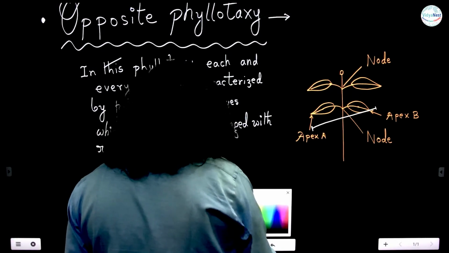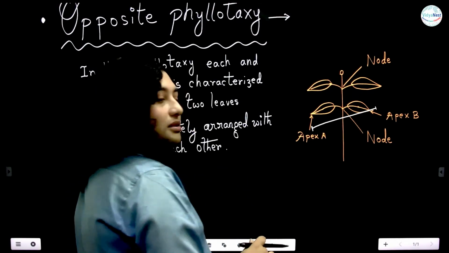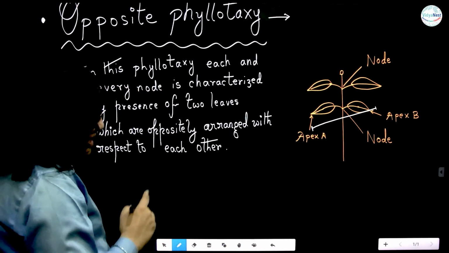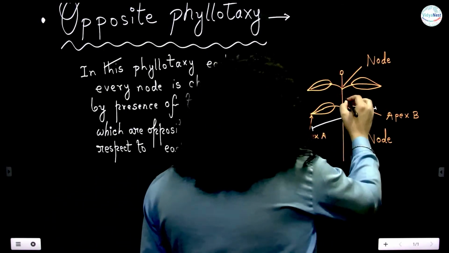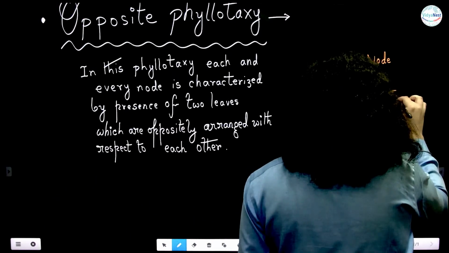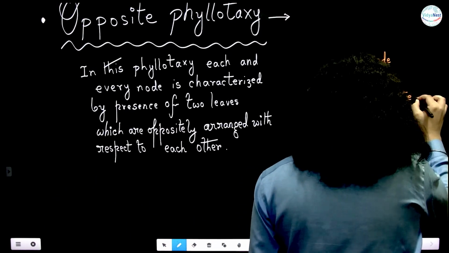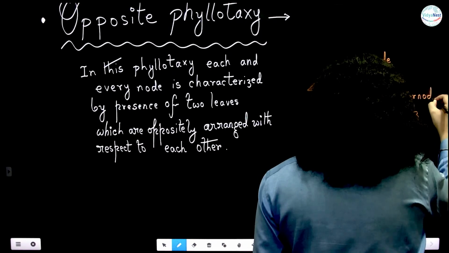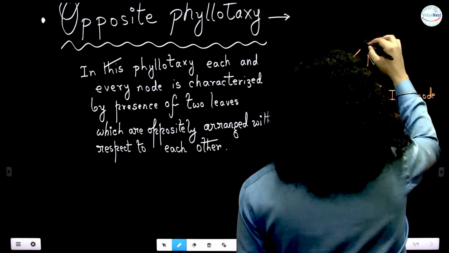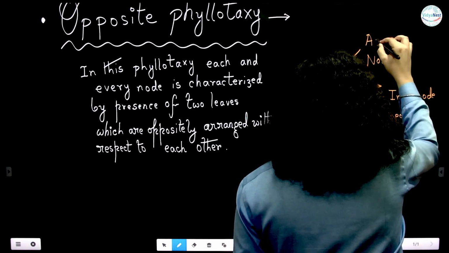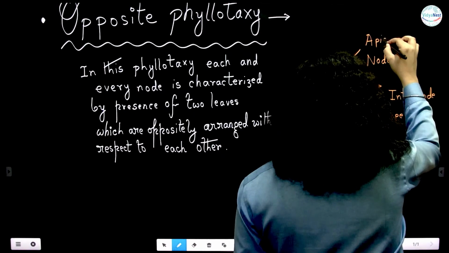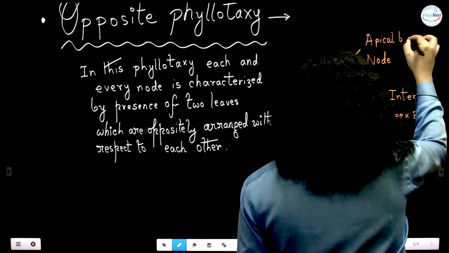Clear? Yes, sir. And this is the internode. This is the apical meristem. Apical part.